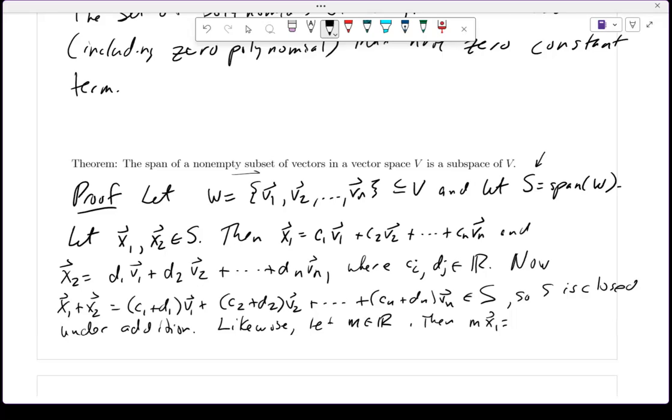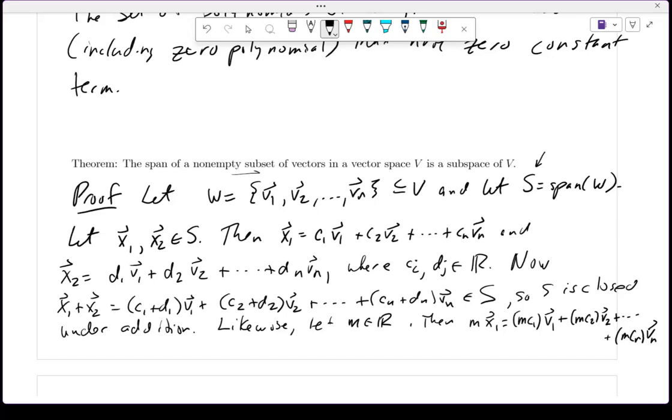What's the coefficient on the v1? mc1. That's a v1. What's the coefficient on the v2? mc2. Then get all the way to mcn.